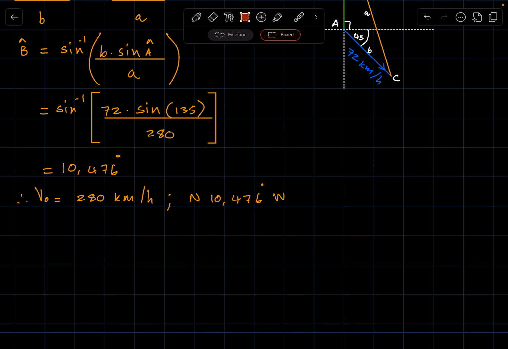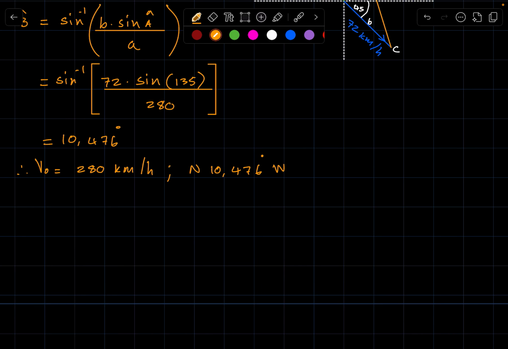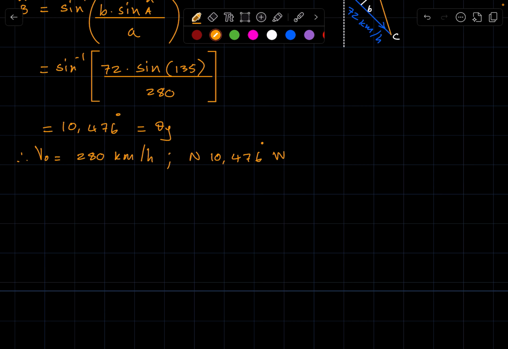And of course, if you happened to calculate the angle referenced from the x-axis, remember that this is equal to the angle referenced from the y-axis. If you calculated the angle referenced from the x-axis, that would be 90 minus this, which would give you 79.524 degrees.